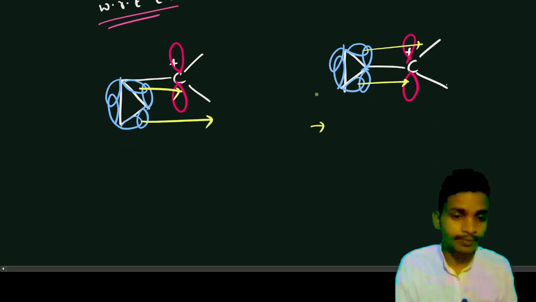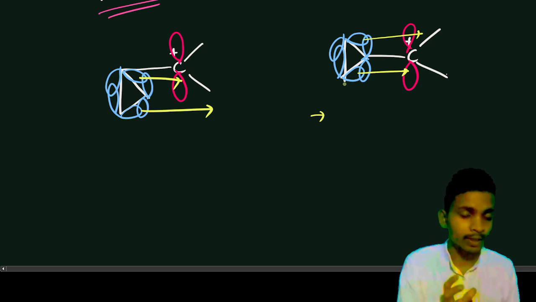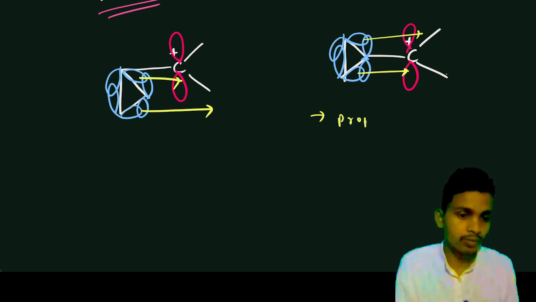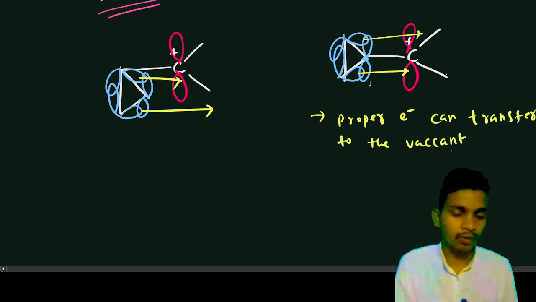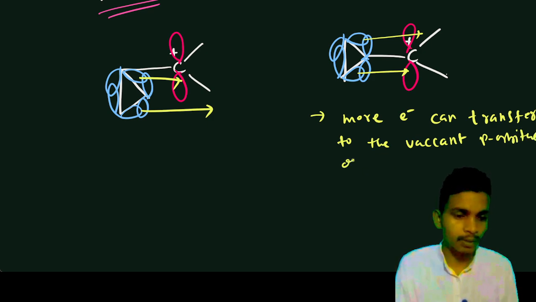So here, since the cyclopropyl ring and the carbocation are in a proper orientation, a proper amount of electrons can transfer to the vacant p orbital of the carbocation. More electrons can transfer.